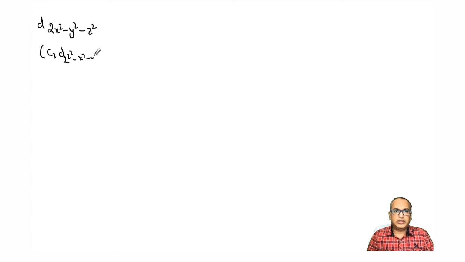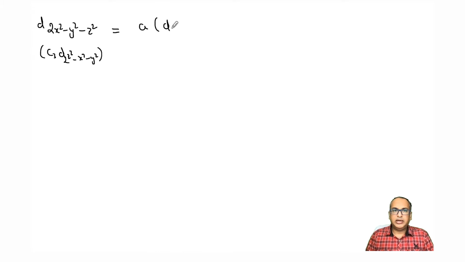Let's see one of the orbitals, which is 2x square minus y square minus z square, which is actually obtained after we did the C3 operation onto dz square, or 2z square minus x square minus y square. Can this be expressed as a linear combination of the two d orbitals?